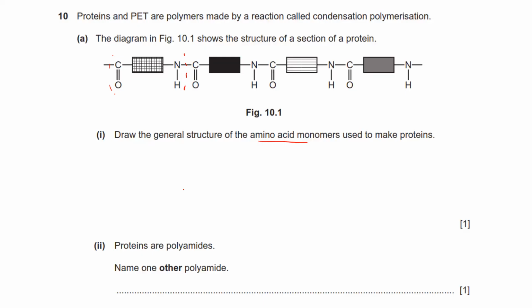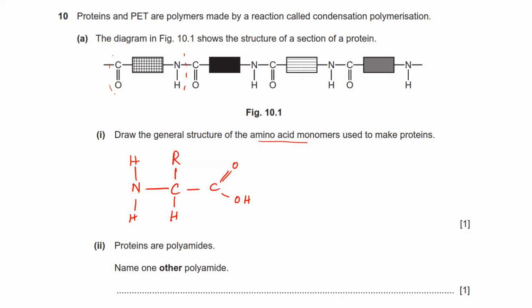It would be C double bond O, O H. Then I have this functional group R, this H, and then comes the NH2. Okay, so the general structure of an amino acid monomer is something like this.